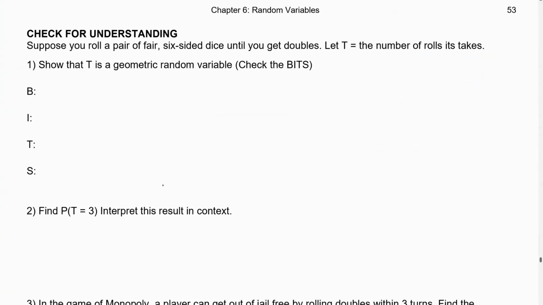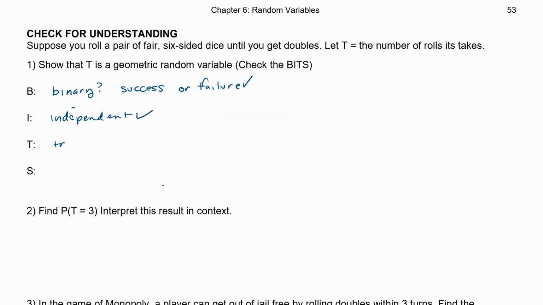All right, let's do a little check for understanding. It says, suppose you roll a fair pair of six-sided dice until you get doubles. Let T be the number of rolls it takes. Is this binary? And the answer is yes, because every trial ends in either success, you got doubles, or failure, you didn't get doubles. Is every trial independent? Well, it is if we're using fair dice.